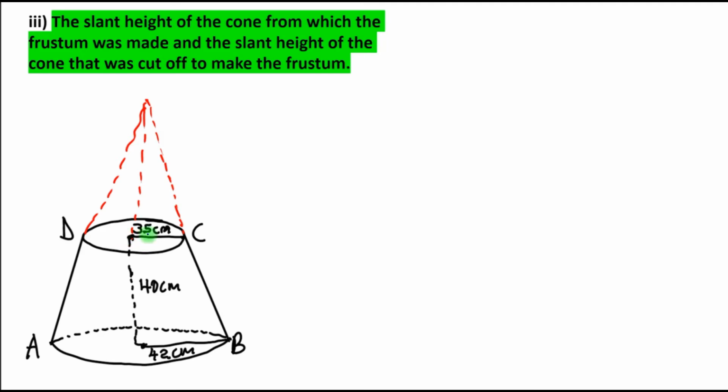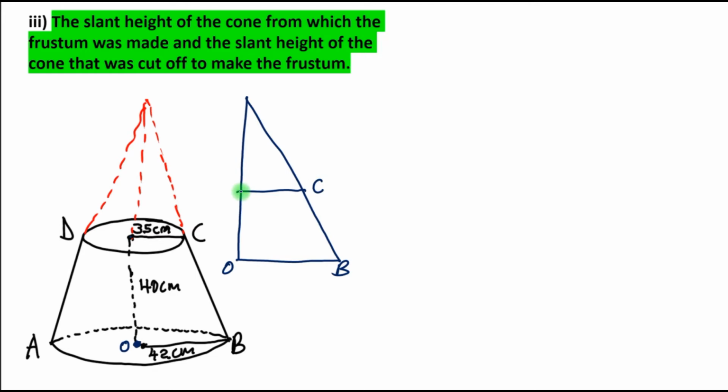This is a right-angled triangle. So this is the O, B, then from here C, let me call this E, let me call this P. Therefore this is 42, I mean this is 35, then this here it is 200, that is 40.